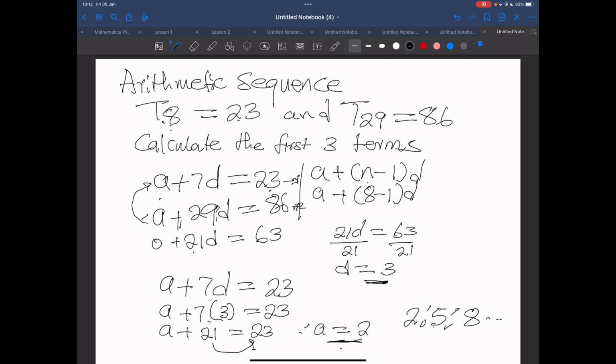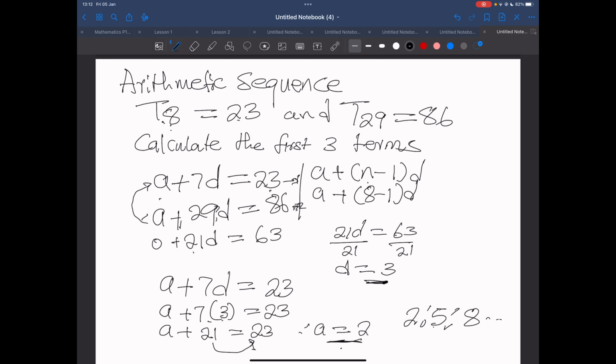So I am just going to take one last example where we can use this general term of an arithmetic sequence. I'm going to take a question here.